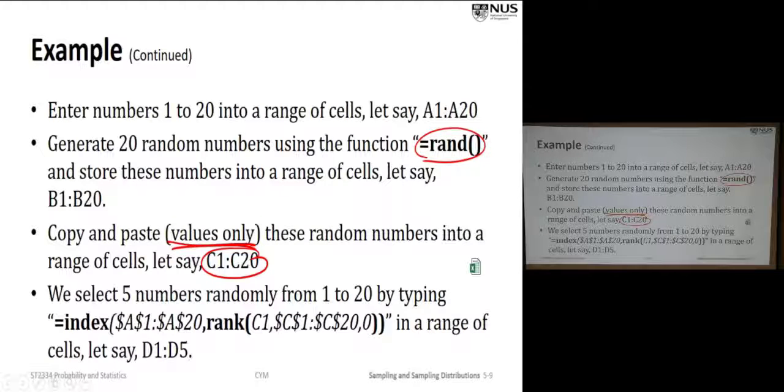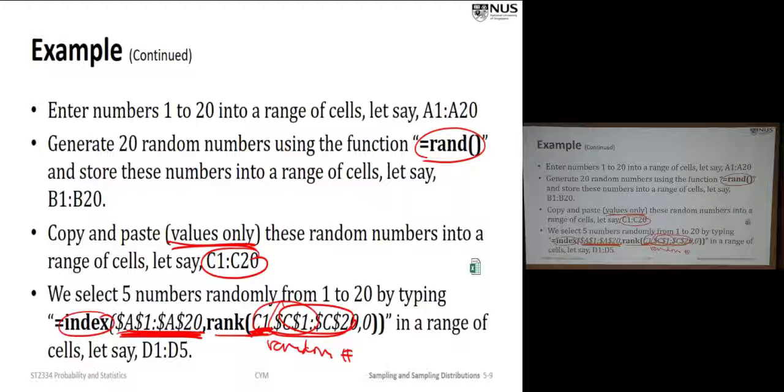After that, I use this function called index. This is the 20 numbers, the 20 individuals or population that I want to select from. Then I rank: this is the set of random numbers, and this is the first random number.